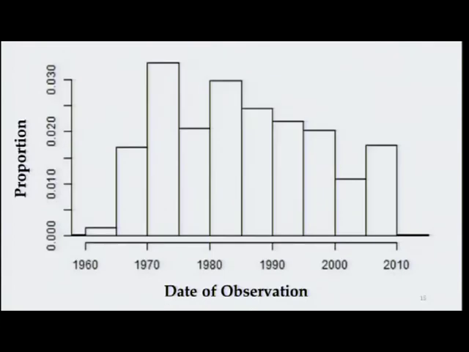So I think this is probably one of the more interesting graphics that came out of this work, because we really don't know the age of the data. And the argument that ITE often makes is that, well, the age doesn't matter. But I've given you a number of landmarks here, some things to think about, and that a lot has changed in 50 and 60 years, and we're not throwing any of that data out. In the UK, their trip generation approach throws out data that's 10 years old or older.